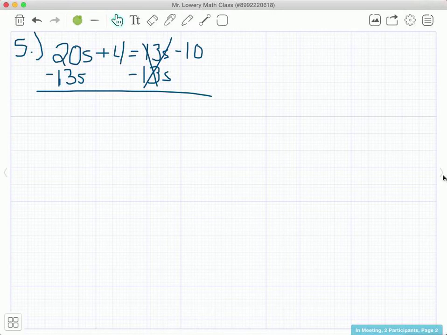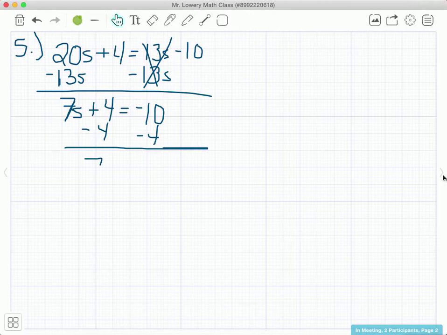Let's cancel. 20s minus 13s would be 7s plus 4 is equal to negative 10. And now we need to undo the addition and subtraction. So we undo the addition here by subtracting 4 from each side.